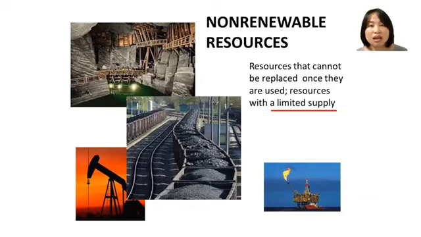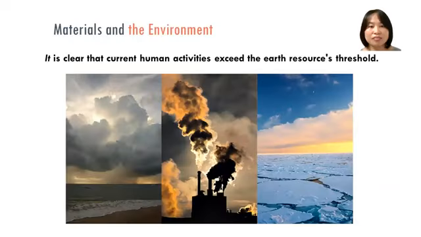These resources are a limited supply to us, to this earth. Okay, so it's limited. So what do we do if it's used up? And now, the change in our environment is telling us that it's clear our activities exceed the earth's resource threshold.